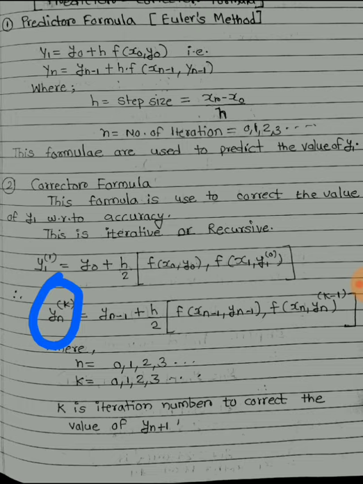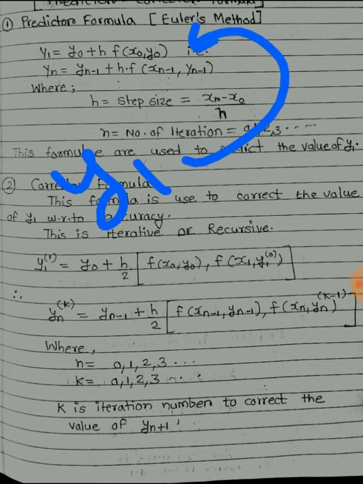Now, what we did here is we are trying to correct the value of y. If you observe, for this example I have calculated the y1 value in the previous formula, and that y1 value I am now trying to correct.